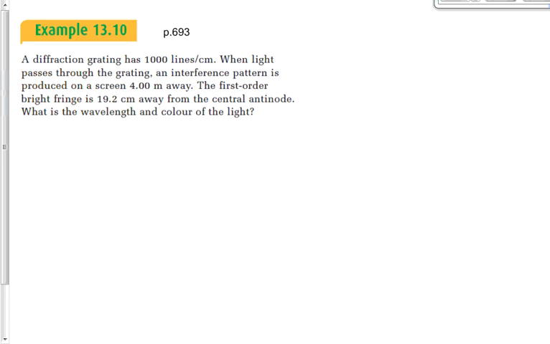But again, instead of having this with two openings, you're going to have this with hundreds or even thousands of openings. Now, instead of expressing the distance between these openings, typically with a diffraction grating, we express not the distance between the openings, but rather the openings per distance.